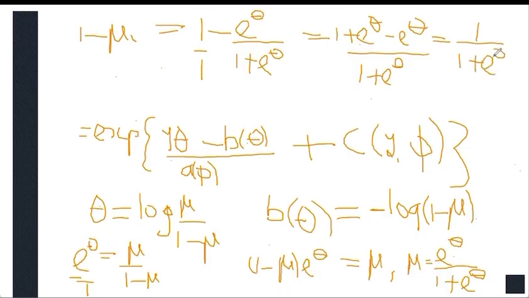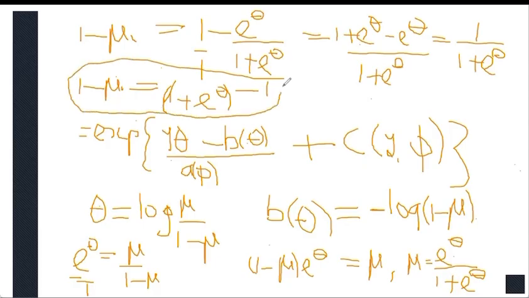Mathematically, I can write 1 minus mu i as 1 plus e raised to power theta, everything raised to power negative 1. Now this is my 1 minus mu i, and of course that is my mu i.